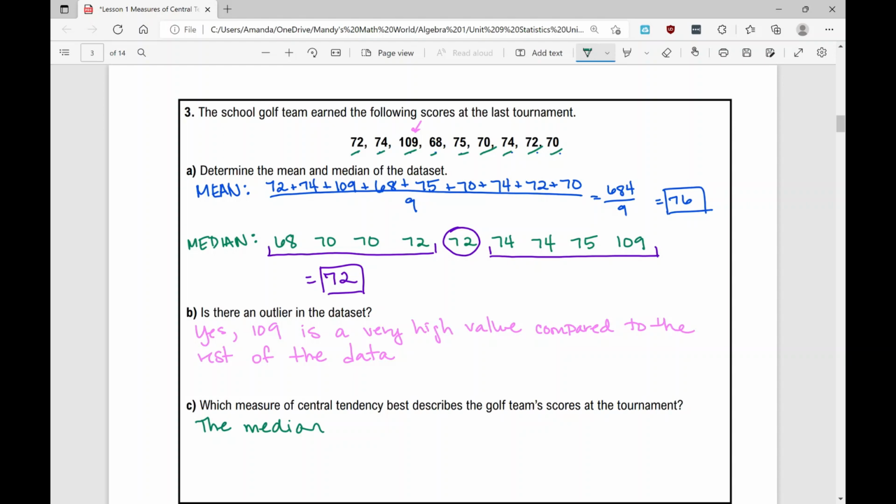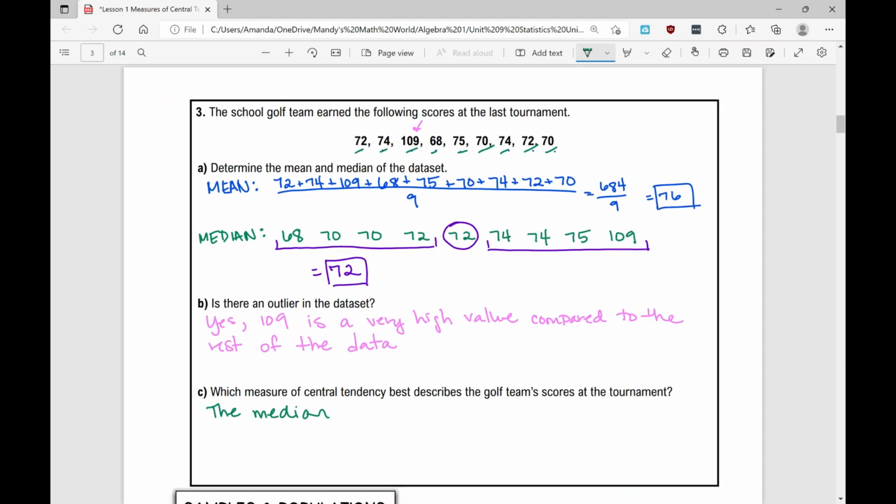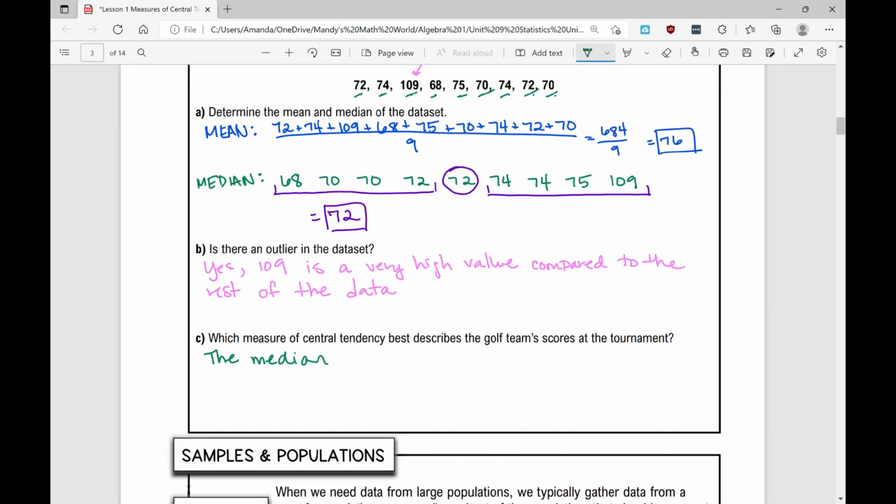So I'm going to just talk you through this. But the median best describes the golf team's scores at the tournament because an outlier exists. So write that down. That's when you're going to use the median, if there's an outlier.